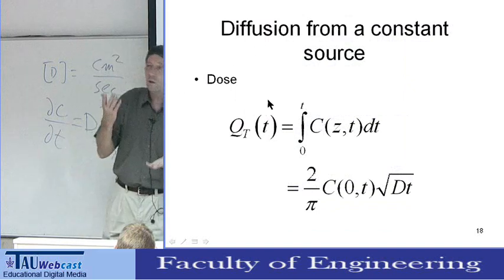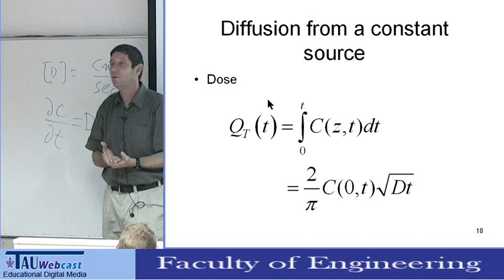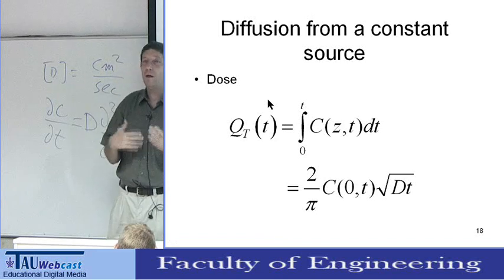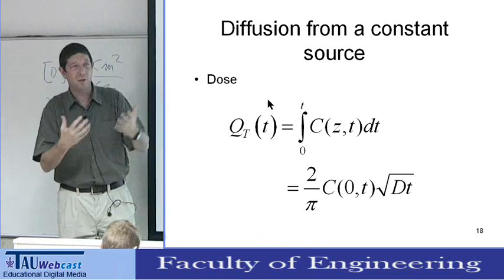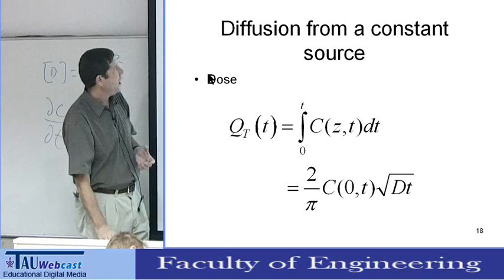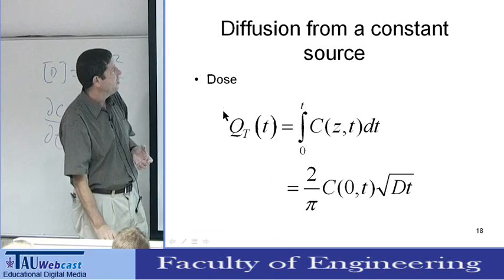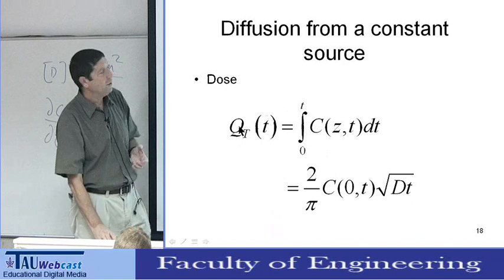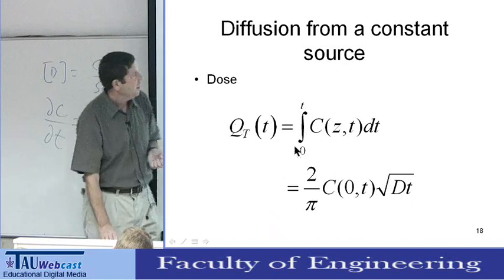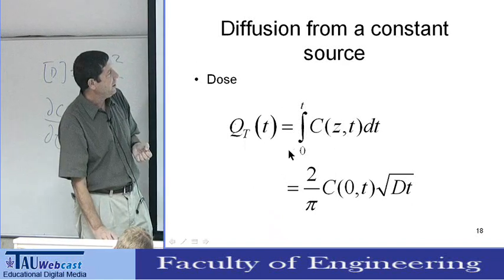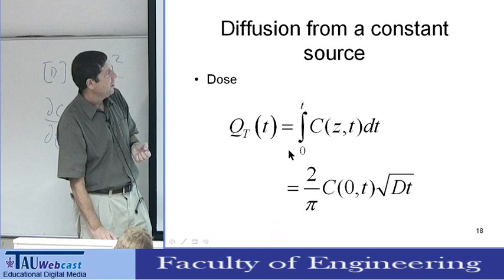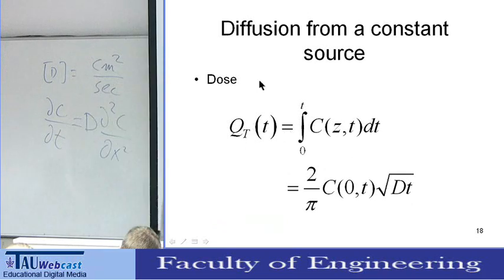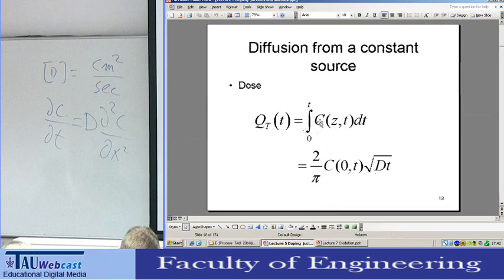When you diffuse dopant into a semiconductor, you can ask yourself how many atoms enter the semiconductor. We call it a dose, and the dose is the number of atoms per centimeter square. It's the integration, and there is a typo here, I have to correct it, and we can do it in real time.